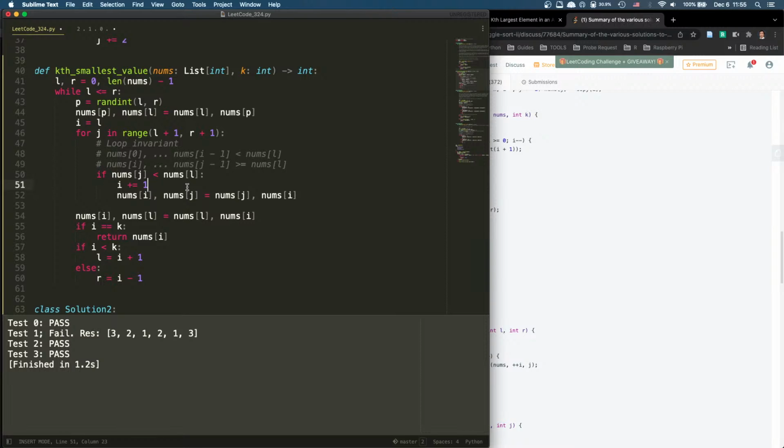And I find another one, if it's smaller, then I plus 1, and this one goes here, and then this one goes to J. So I keeps building up the smaller. Every time I have a smaller one, it goes to I. So if we start with a bigger one, then we just keep moving.